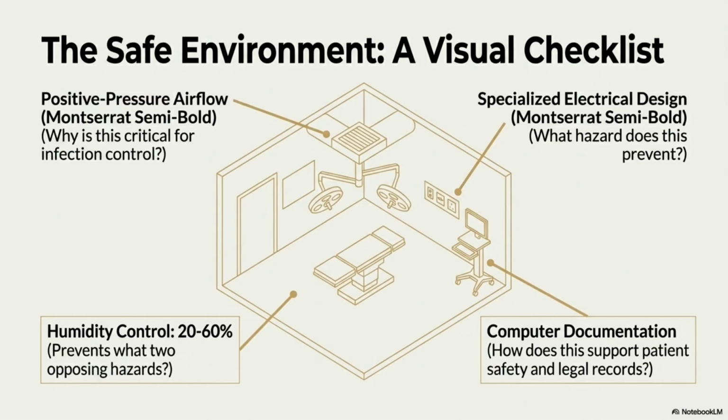Notice that none of these are background details. Each environmental element serves a safety function. The exam may not ask, what is the humidity range? It may present a scenario where humidity is out of range and ask you to identify the risk. Pause here.